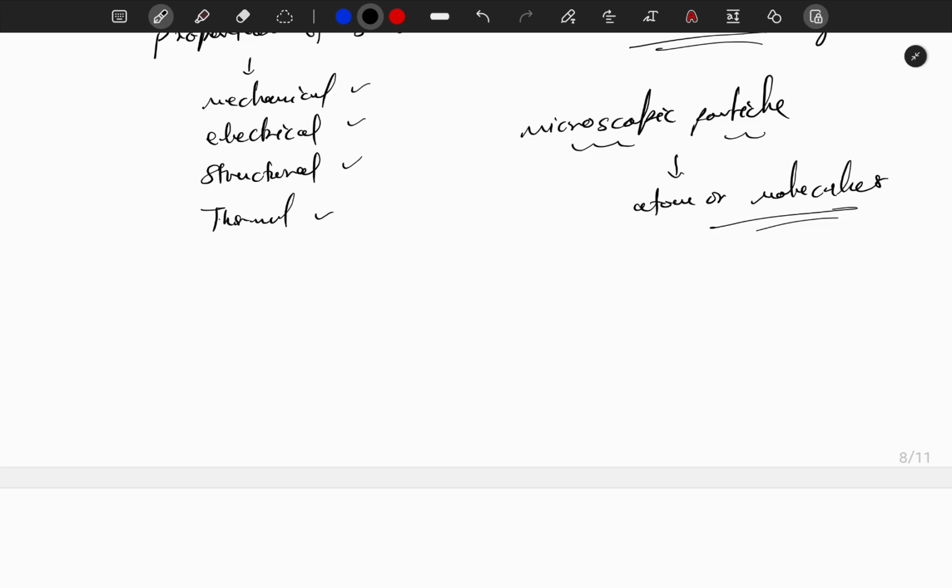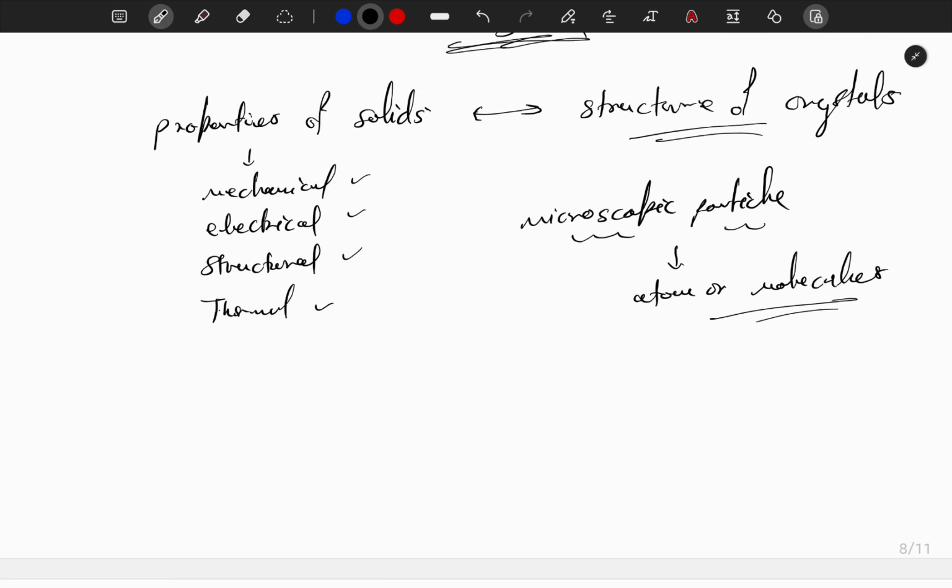So these are the macroscopic properties, and these can be explained by understanding the microscopic particles, that is the atoms or molecules of which the solid is made up.